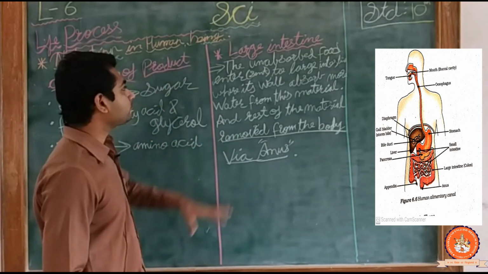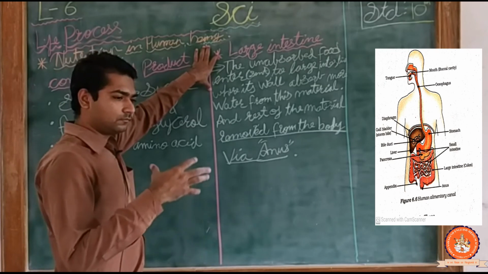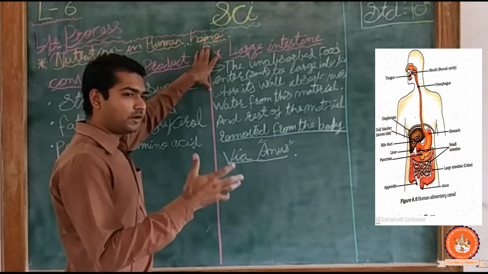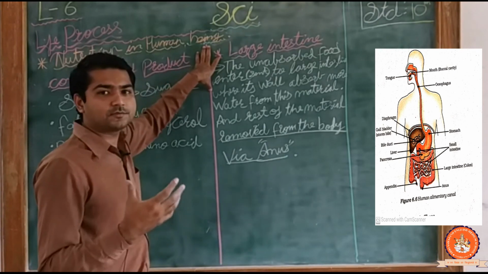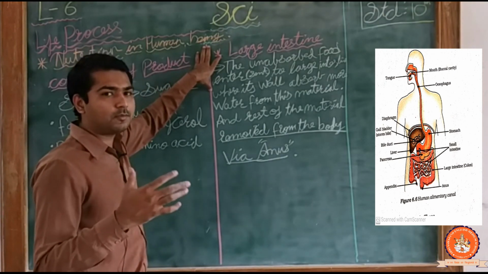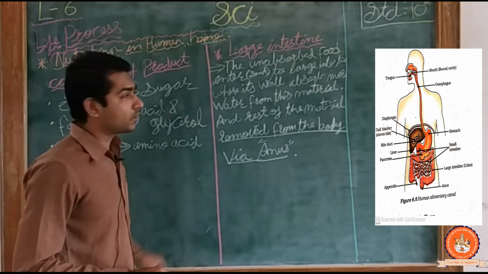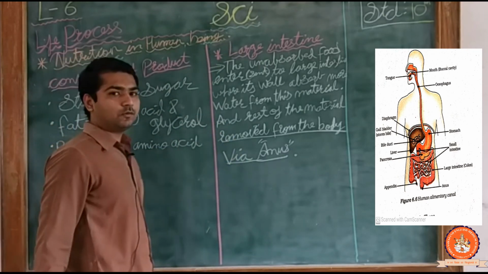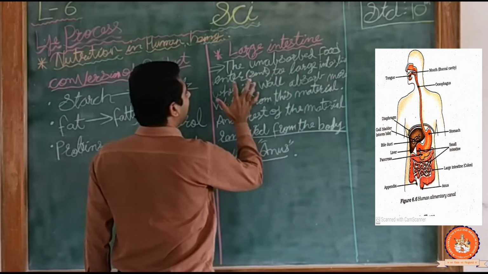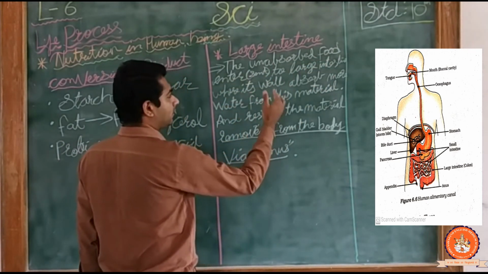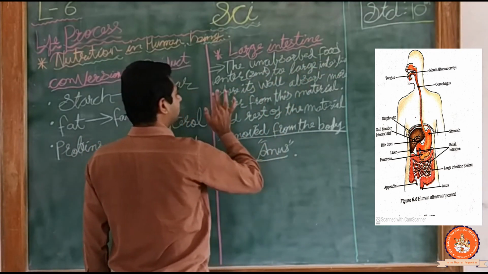Now after the absorption in the small intestine, the remaining part will enter the large intestine. So let's see what the large intestine is. The unabsorbed food is sent to the large intestine.